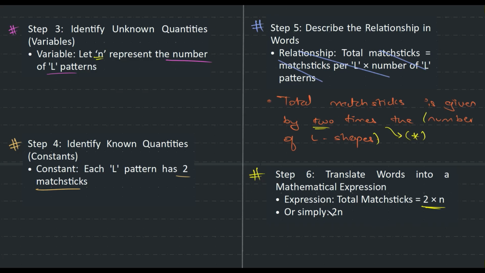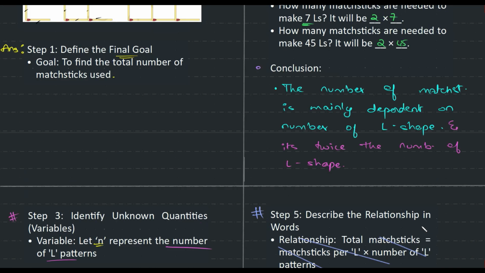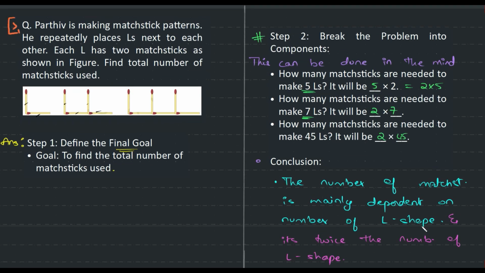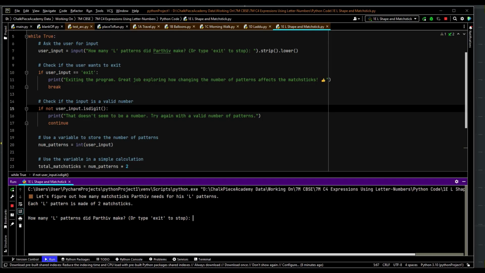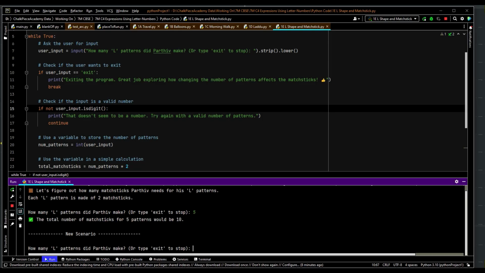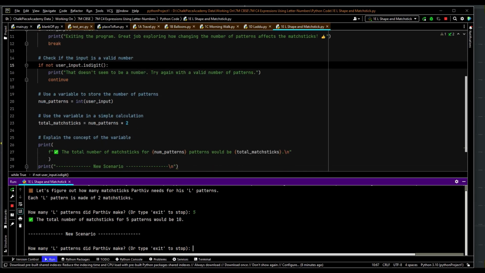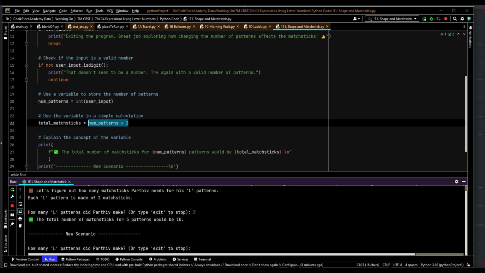Right? This is one more representation of 2 into n. All of this we'll learn later. But yeah, that's it. So now, as an extension, we can write a small code. How many L-shaped letters are we looking at? Say 5, and we have 10 as the answer. And as you can see, the same mathematical expression is used over here.